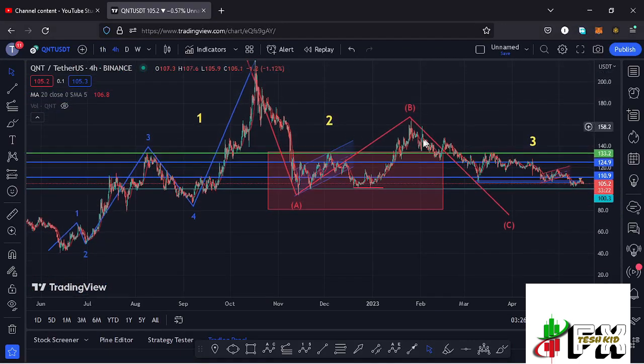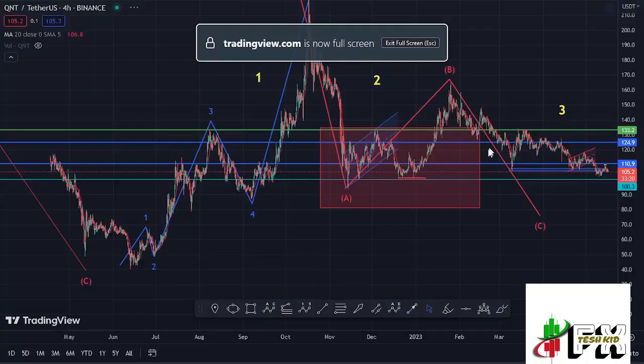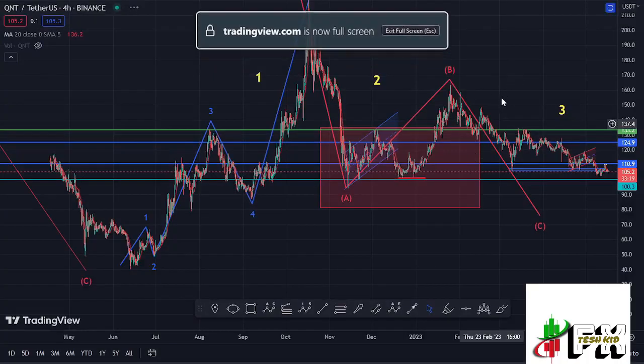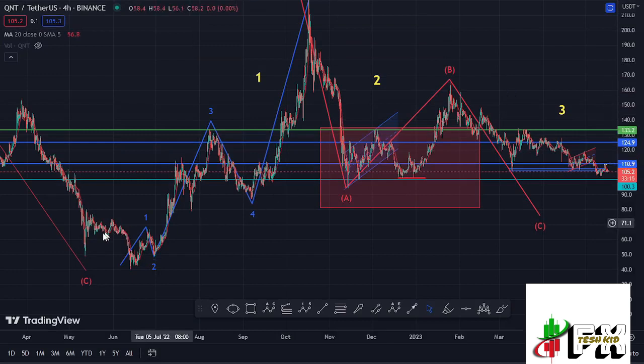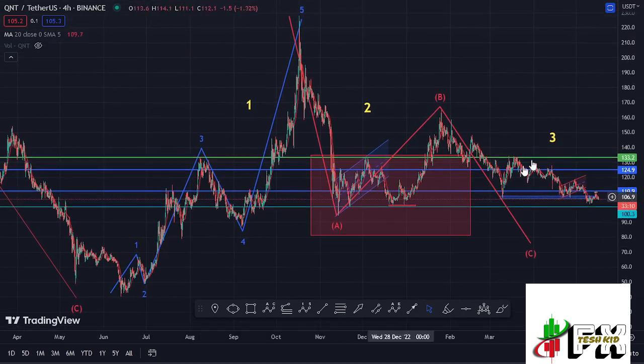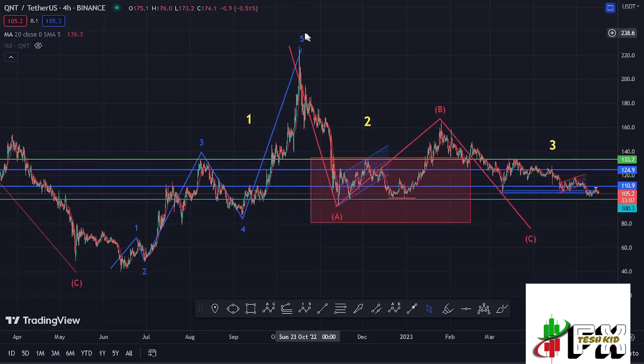Here on the 4 hour chart, you can see that Quant, after seeing the bear market low at around the $40.1 mark, we started a 5-wave structure to the upside, where we peaked in the formation of that wave 5, giving us a peak at around the $229.5 mark, and also completed the formation of that larger Elliott wave count 1. And after seeing the formation of that larger Elliott wave count 1, whatever we expected next was a corrective structure in the formation of a larger Elliott wave count 2.